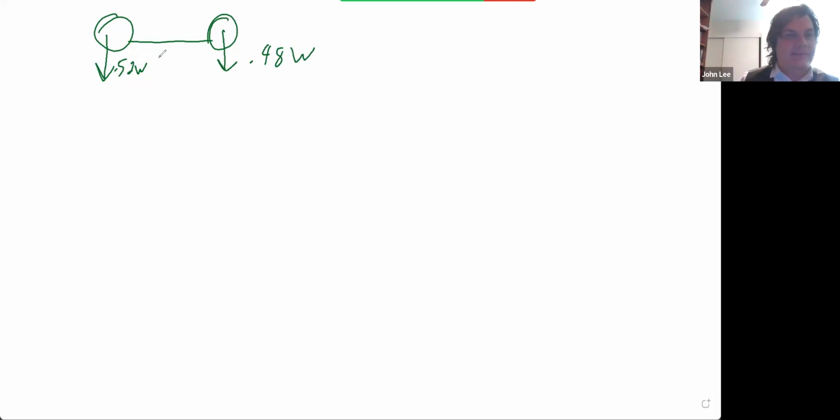And we want to find the distance between the center of mass and each of the wheels. So this is X, and then this distance is d.